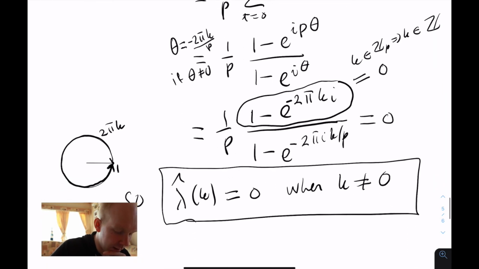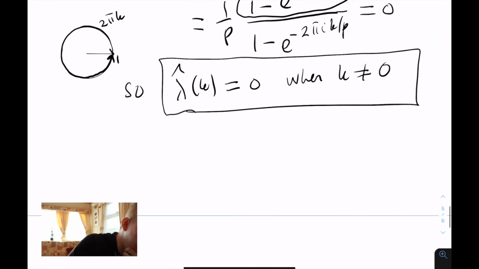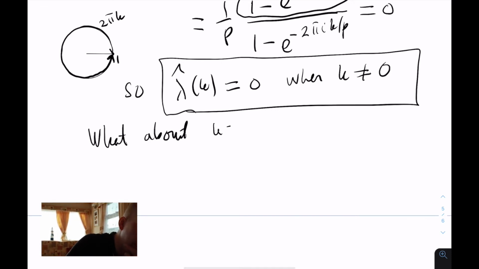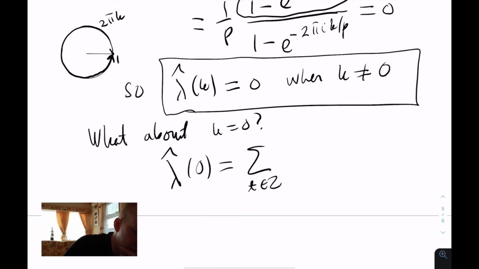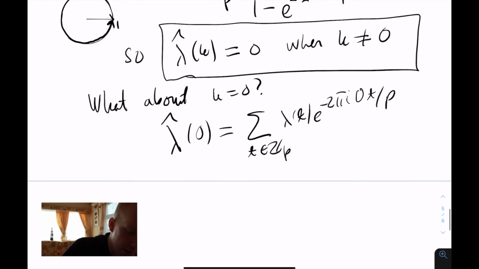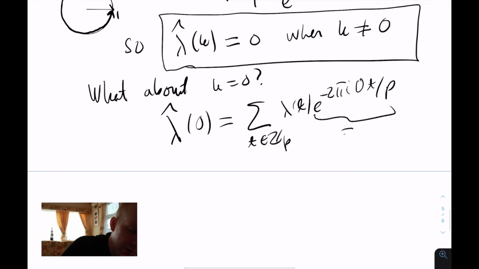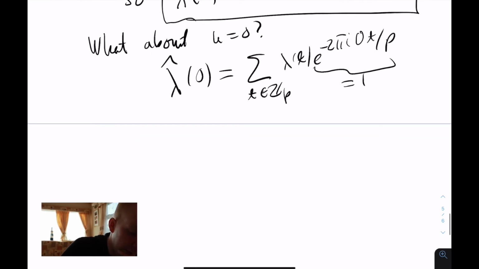But then, using this property as well, what about k equal to 0? Well, then you can just use the computation. The Fourier transform at 0 is the sum over t in Zp of lambda t e to the power minus 2 pi i 0 t over p, but that's just 0 in the exponent, so this just becomes 1 for every point, and then this is equal to 1 over p.